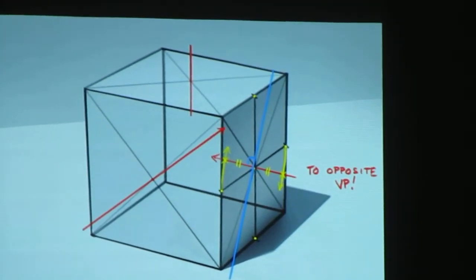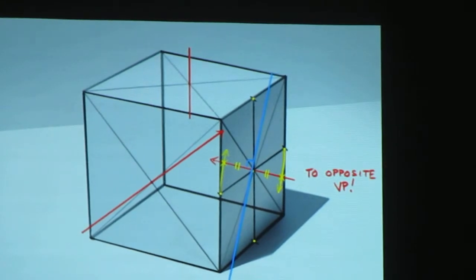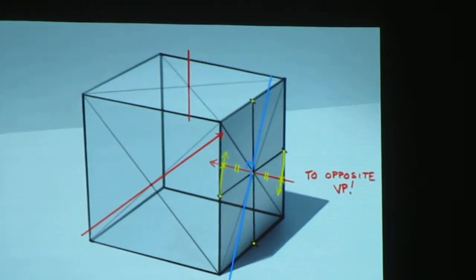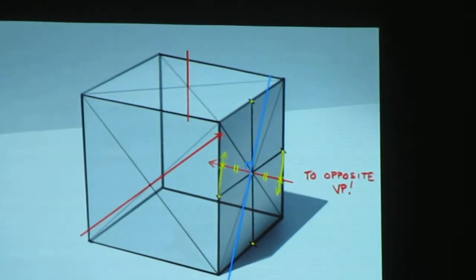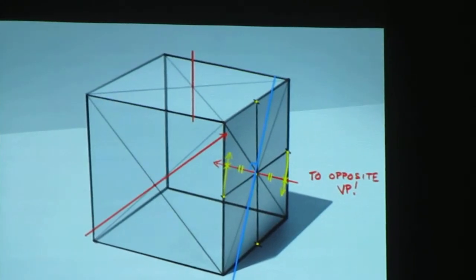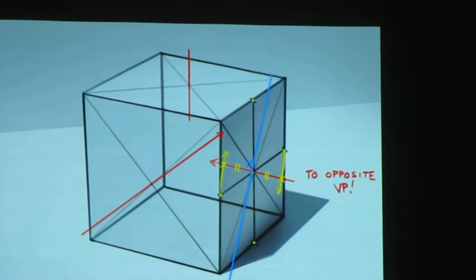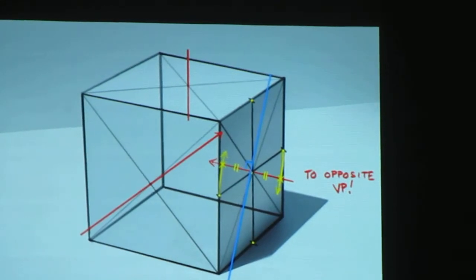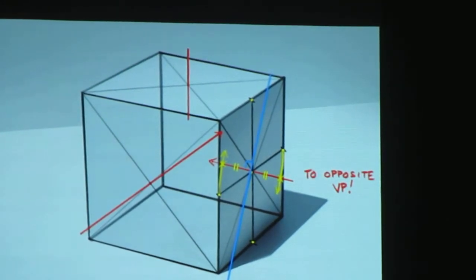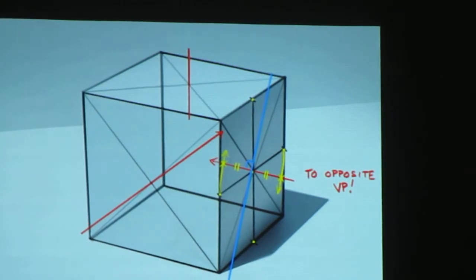So the minor axis on the top face of the cube, is that one always parallel to the edges and sides of the cube? Actually, you guys, Kevin just mentioned something, and I don't often explain it this way, but for some of you this will help. And if it does, fabulous. If you don't understand what we're talking about, you can ignore it. Here's one way to think about the minor axis. If you ever want to know what the minor axis does, look at the other side of the cube. So for instance, this minor axis is parallel to all the verticals.